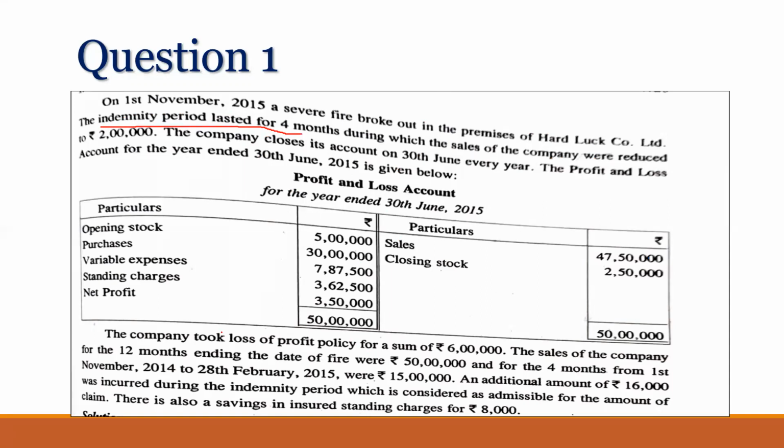So now let's see the adjustments regarding this question. The company took loss of profit policy for a sum of 6 lakh. So this is the insured amount or the policy value, which is 6 lakh. Sales of the company for the 12 months ending the date of fire were 50 lakh. So this 50 lakh is known as the annual turnover, which we have discussed in the last class.